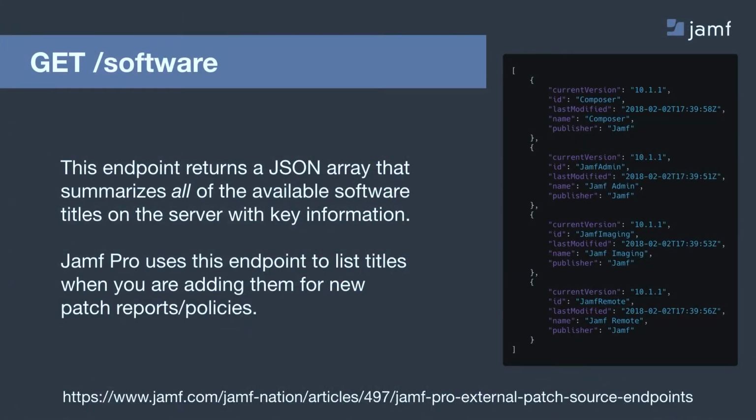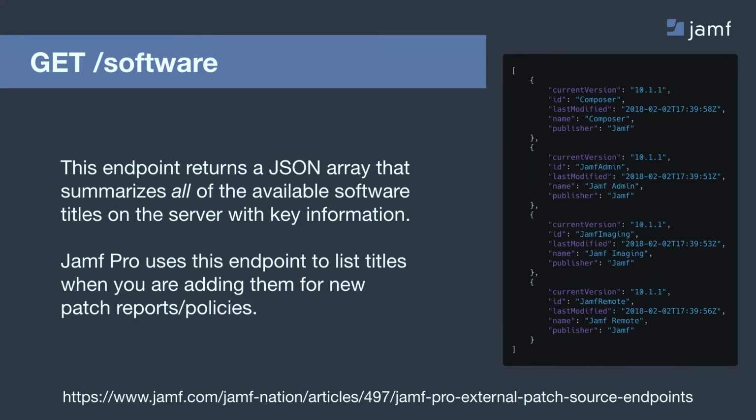All right, GET /software. This is the first main endpoint. This is an endpoint that should return an array of JSON summaries. Not the patch definitions themselves, just summaries of them. Jamf Pro uses this endpoint in order to display that list when you go to add definitions to it. Like when you go to patch management and then you click on Jamf, and then you have that whole list of all the titles that we maintain.